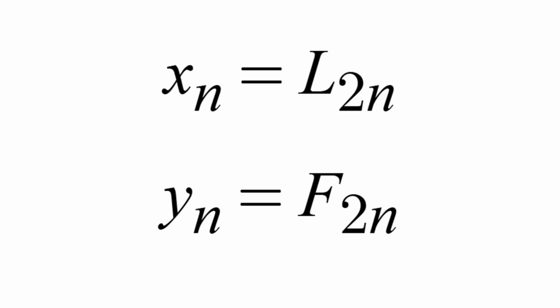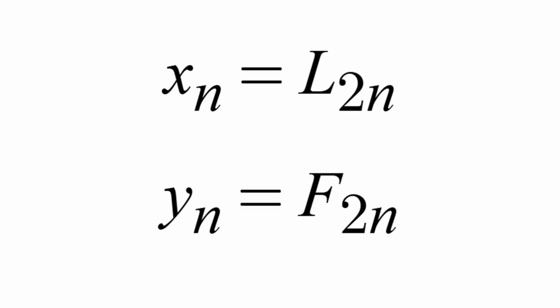Another way we can write this is that x of n is equal to L of 2n and y of n is equal to F of 2n. L and F are two sequences. L is the Lucas numbers and F is the Fibonacci sequence. In both of these sequences, you add the last two terms to get the current term.